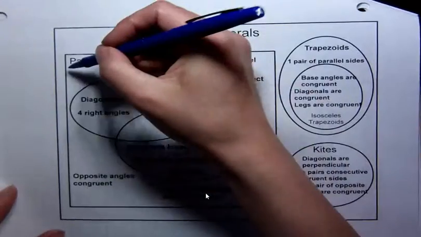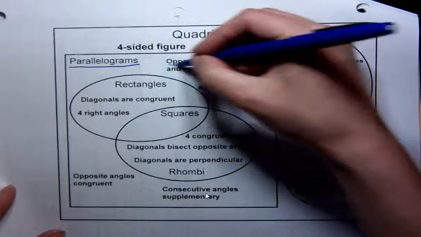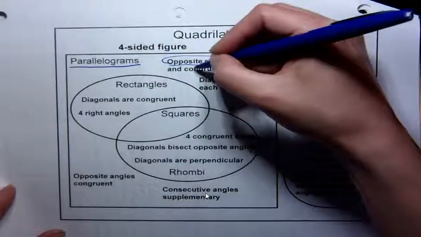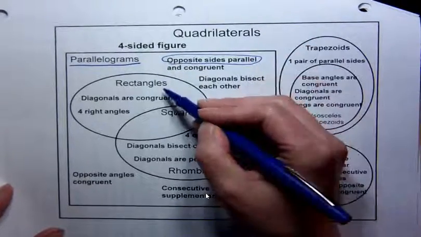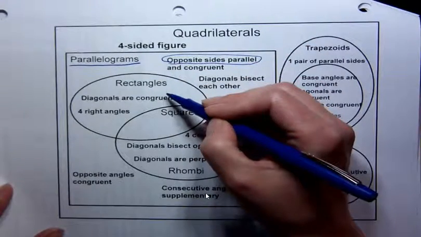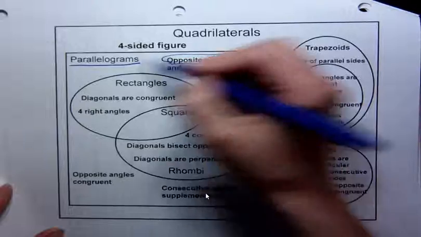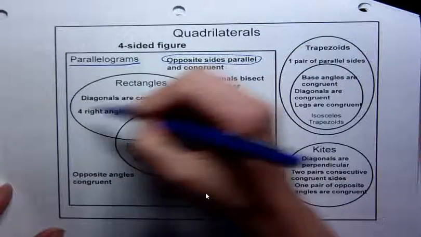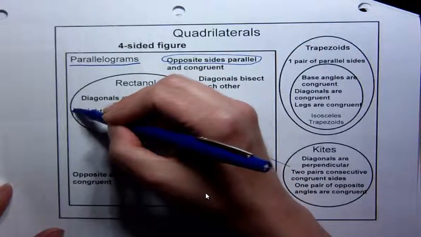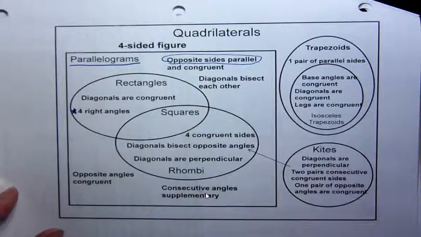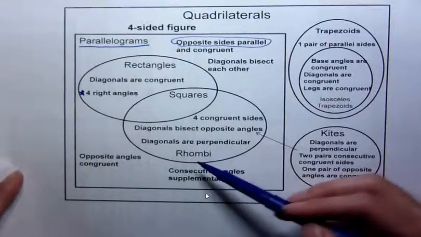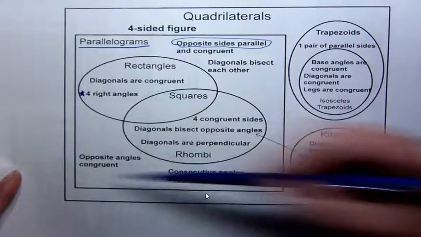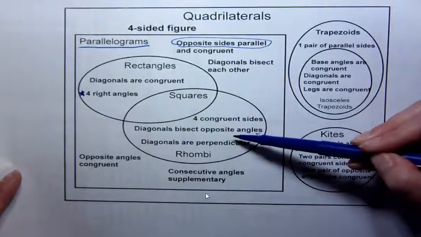So parallelogram is here. We just need that one statement saying opposite sides are parallel, or we could choose the congruent or bisects. If I get down to rectangle, I'm 2 levels down though, so I'm going to need 2 statements. So I'm going to need to say opposite sides are parallel and the 4 right angles. Or I could choose diagonals or congruent. When I get to rhombus, same thing. I have to prove that it's parallel in the parallelogram box, and I choose one of these.